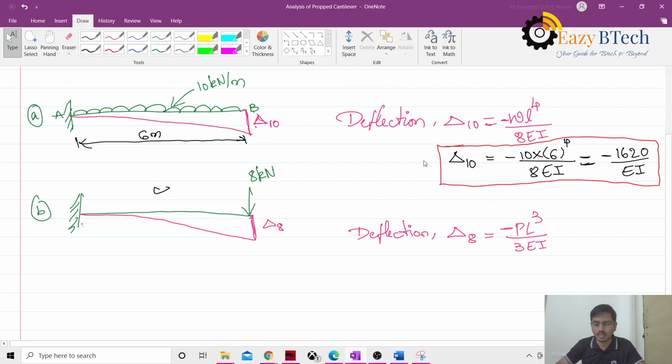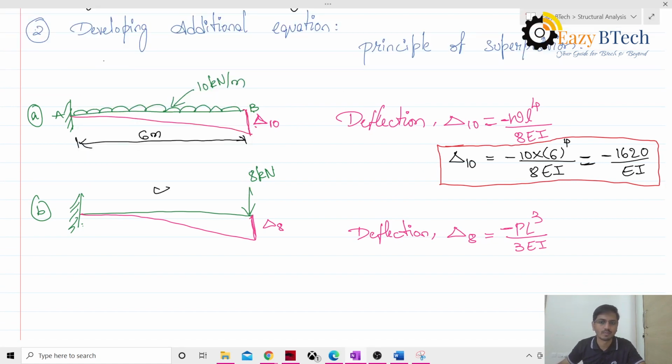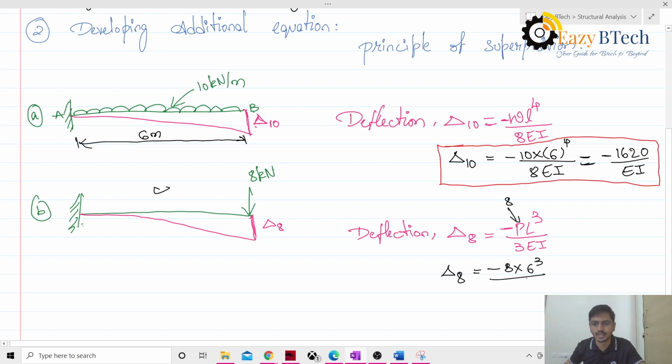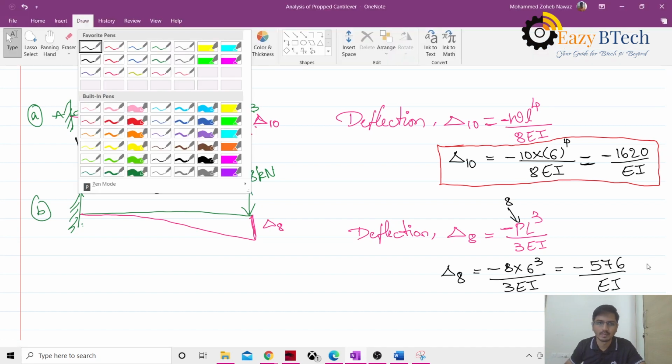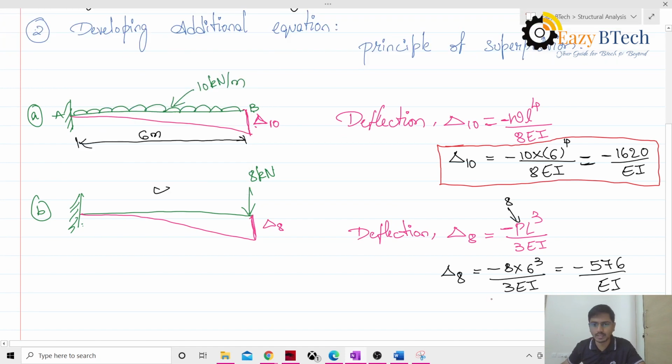Now substituting the values, what is my P? P is nothing but 8. So minus 8, the length is 6 cubed by 3EI. Solving this, I'll get minus 576 by EI. So this is my other deflection value.